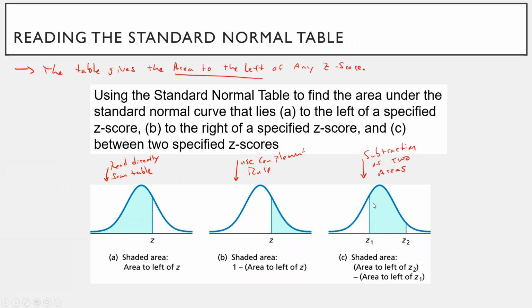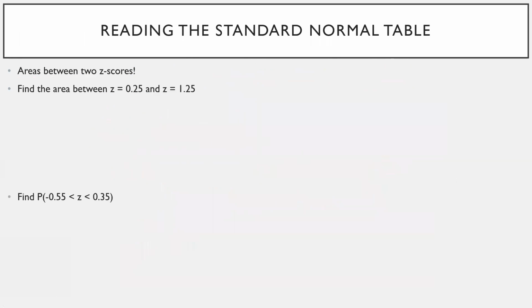So really what you're going to do to find the area between two z-scores is you're going to have to look up both areas, and you're going to have to take away the lower area from the higher area. All right, so I'll show you this, and it's actually just really straightforward. Okay, so find the area between two z-scores. What you're going to be doing is you're going to be subtracting the two areas.